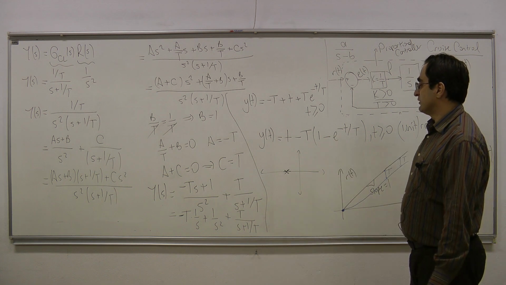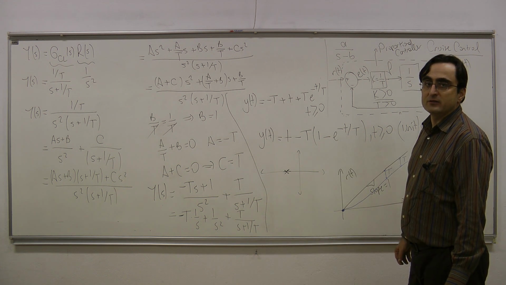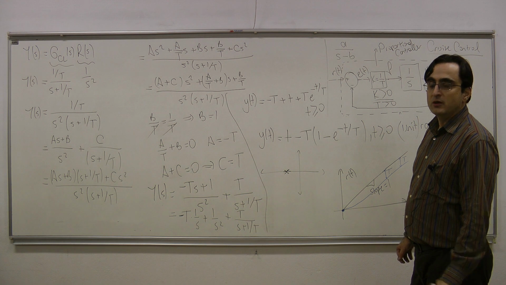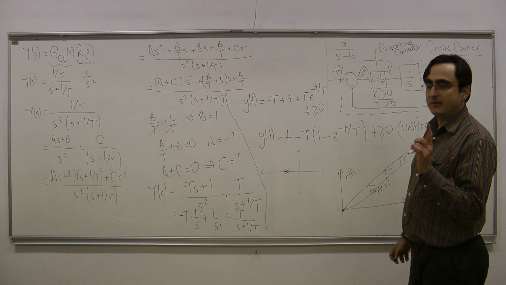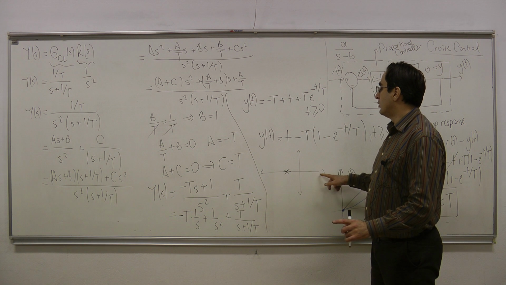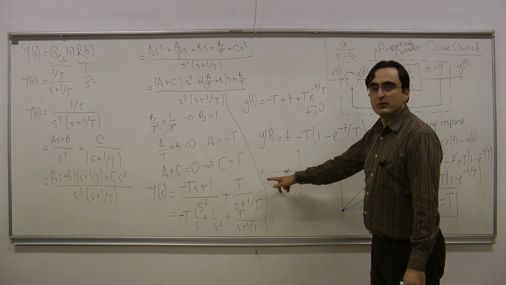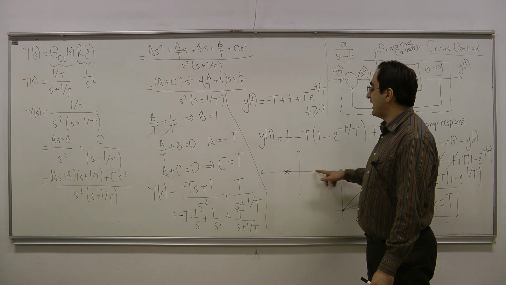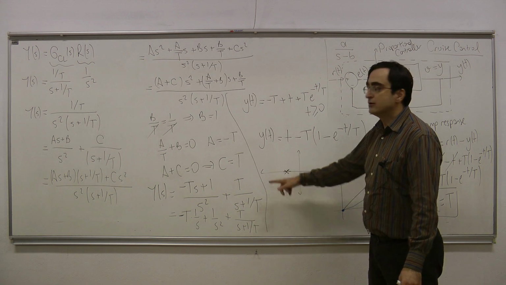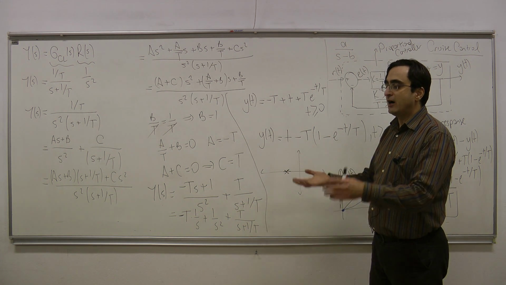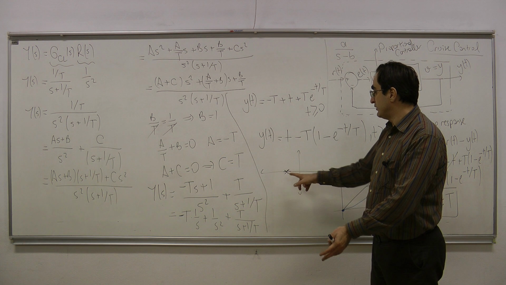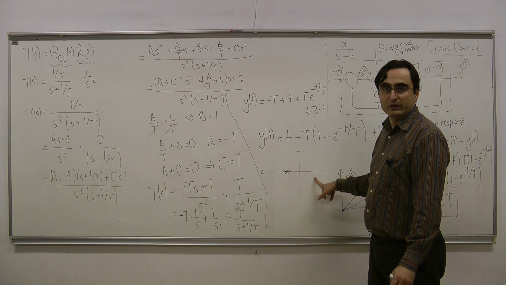So this was really related to the fact that this system was a first order system. We only have a single pole, and that single pole has to be on the real axis. Okay? Since we only have real poles, we only have either decaying exponentials or growing exponentials.